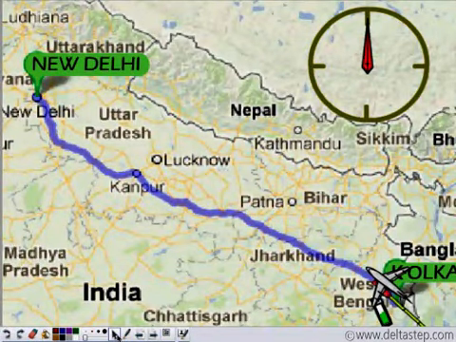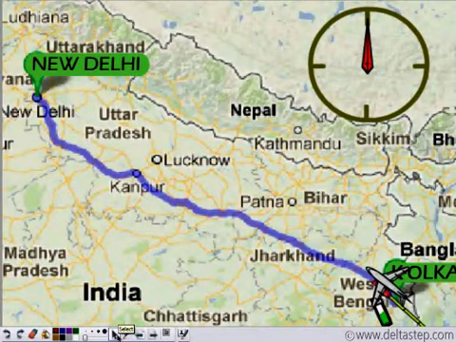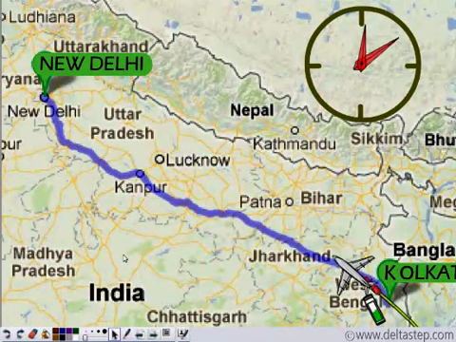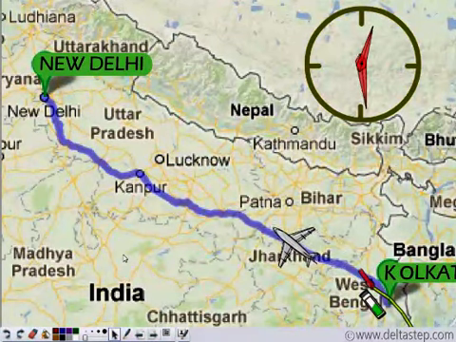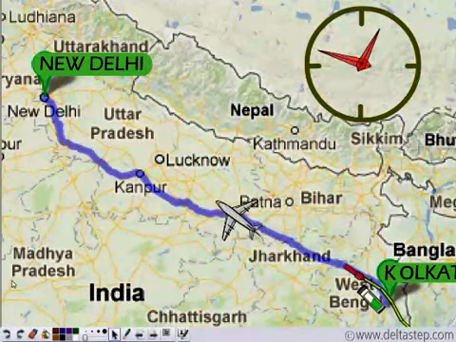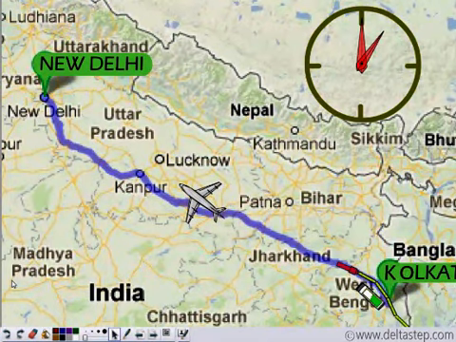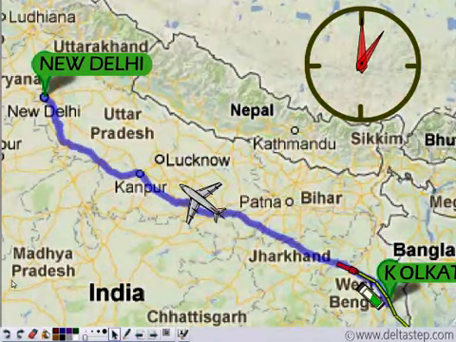Now let us see what happens if we take time to be the constant. We have plane, bus, and train here. And let us observe them in 1 hour. So in 1 hour, plane has traveled the maximum distance, train is in West Bengal, and the bus is still in Kolkata.